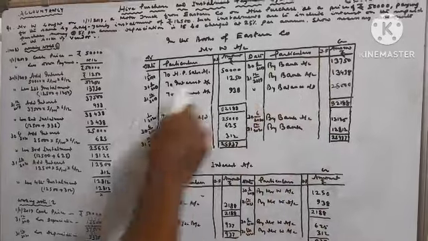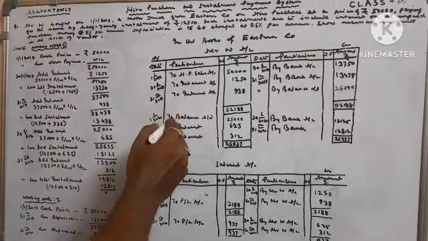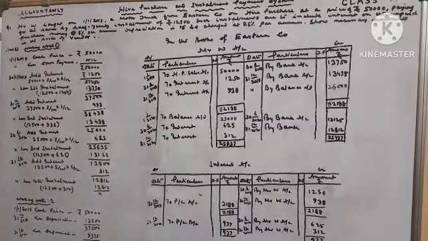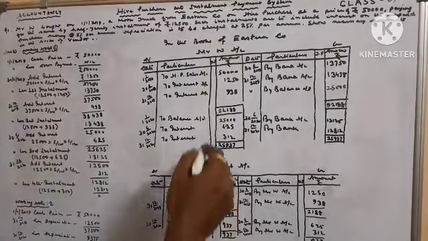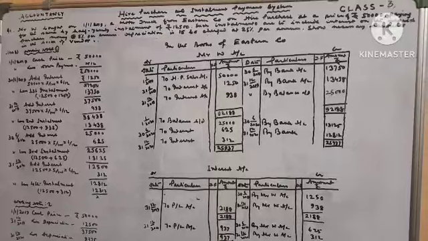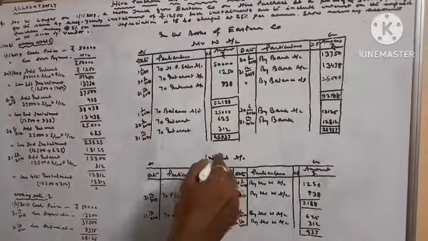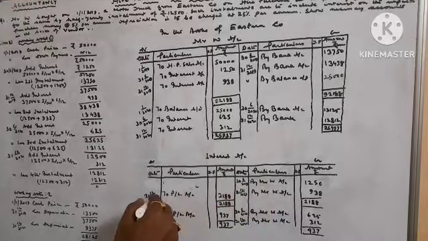Again on 1/1/2020, to balance b/d it will be 25,000. Again on 31/12/2019, before that, the interest account will be transferred to the P&L account.